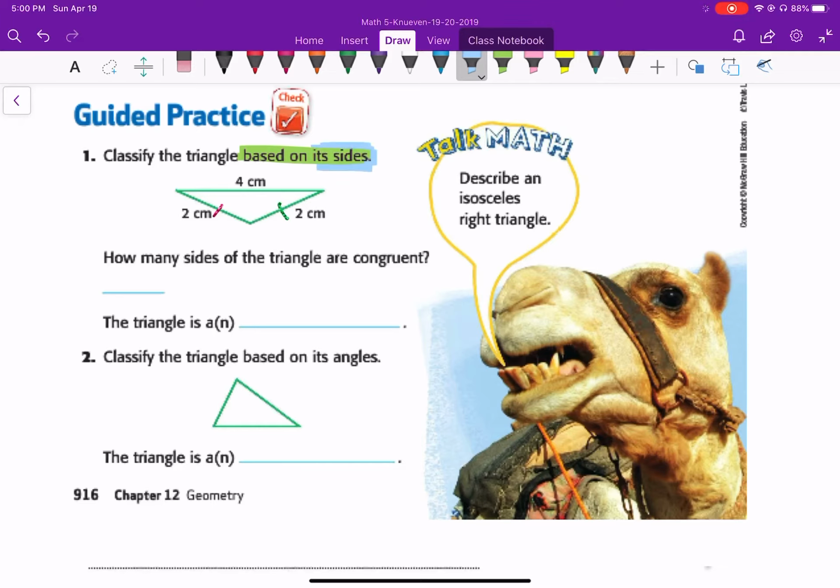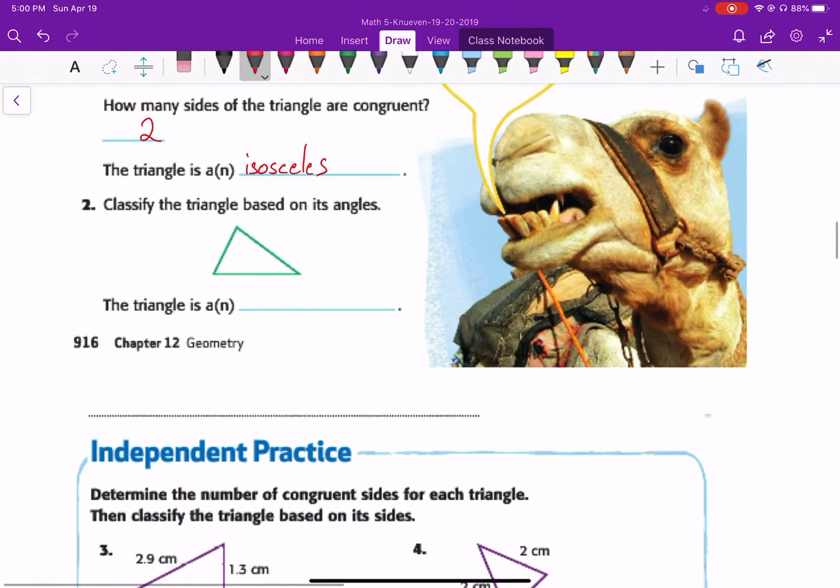I hope you identify the words that we're using here. So that means I'm going to use, well, how many sides are congruent? I see that it has 2. So it would be an isosceles triangle, because I have two sides that are congruent. One is off by itself, so it's isosceles.